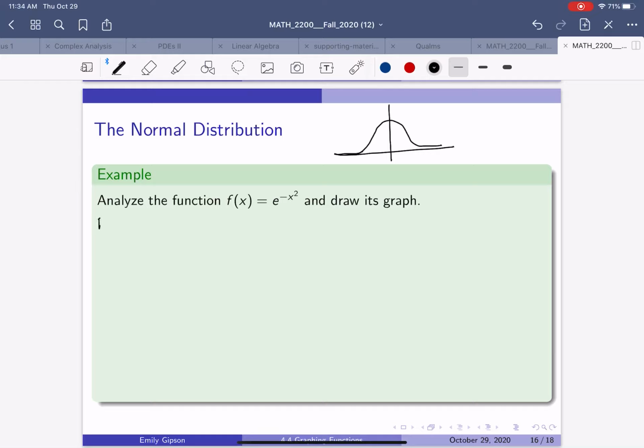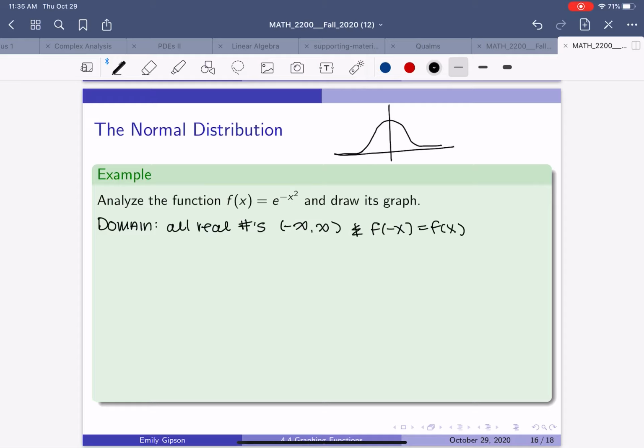So let's talk about domain. The domain of f is all real numbers. And f of x is going to be greater than 0 for all x. And we know that f of negative x is the same as f of x because we have that x squared.